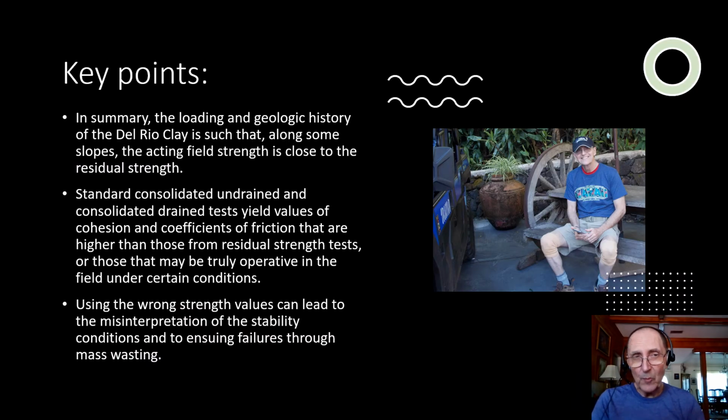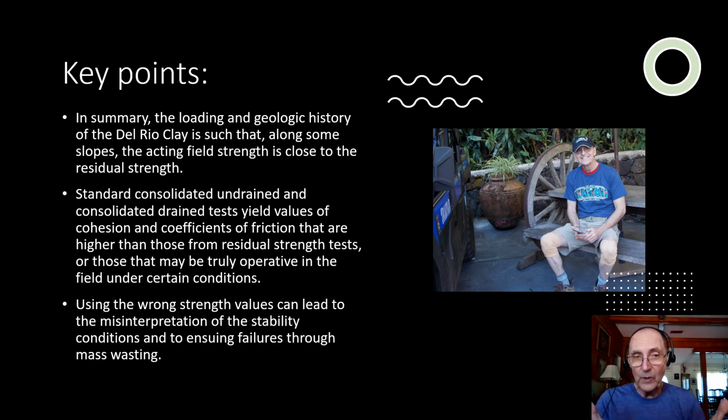Some of the key points to summarize here is that the loading history and geologic history of the Del Rio clay is such that along some slopes, the acting field strength is going to be close to the residual strength. So standard CU and CD tests would yield values of cohesion and coefficients of friction that are higher than those from residual strength tests, or those that may truly be operative in the field under certain conditions.